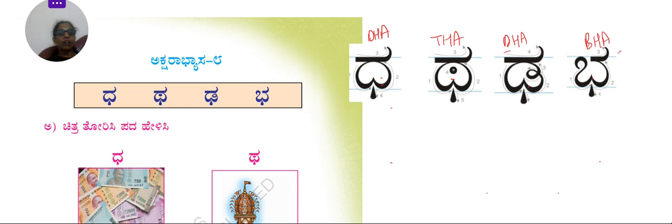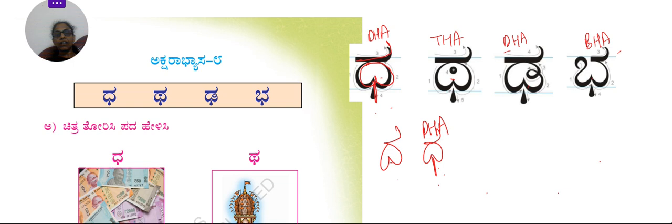With the arrows, we start from here, curve up, put the talekattu and put a line down. Please remember to put this line down, otherwise it will be pronounced as Da. Only this line down differentiates it.